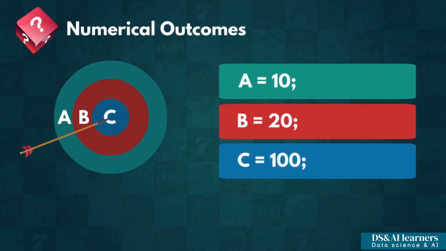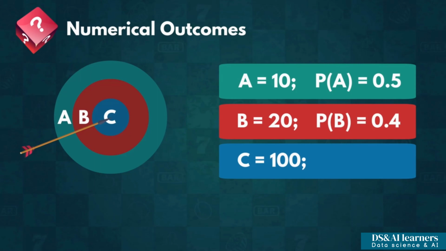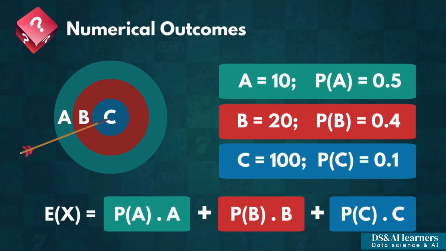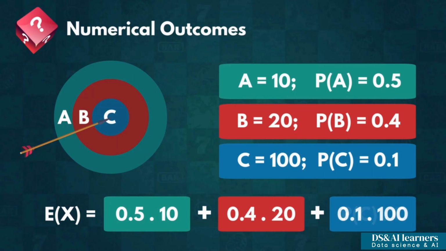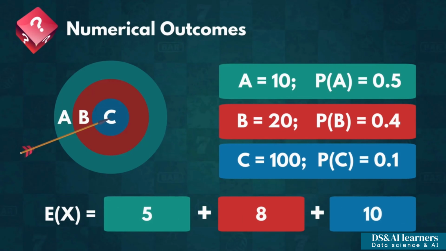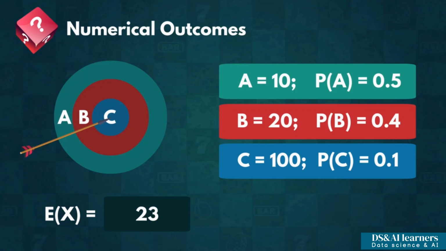The probability of hitting each layer is as follows: 0.5 for the outmost, 0.4 for the second, and 0.1 for the center. The expected value for this example would be 0.5 times 10 plus 0.4 times 20 plus 0.1 times 100. This is equal to 5 plus 8 plus 10, or 23.